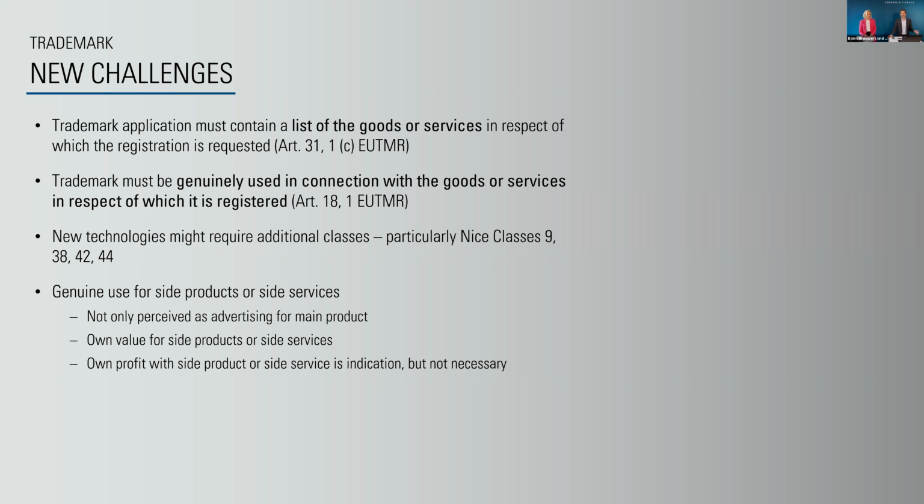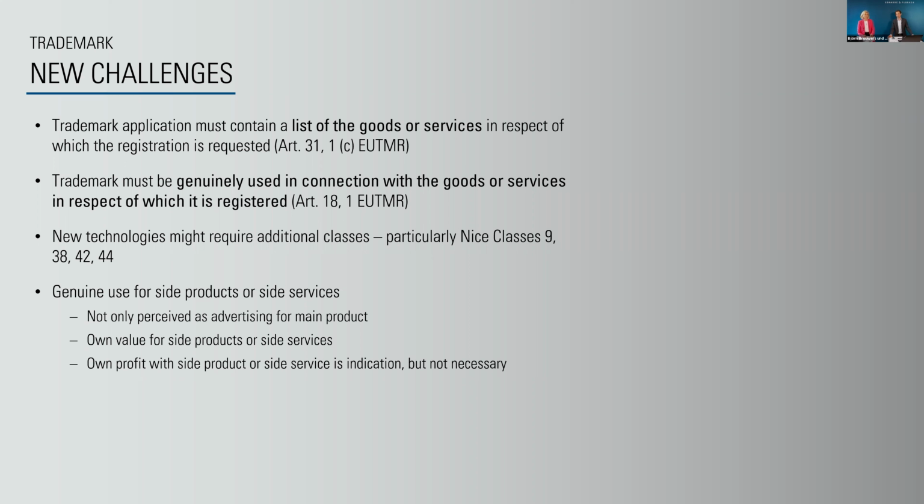Another relevant aspect: if you're still mainly selling pharmaceuticals or foods, the question is whether this digital product is only a side product, or also a main product for you. If it's a product you only use for advertising a main product, like publication of medical information for pharmaceuticals, then it's more or less a side product just to advertise your main product.